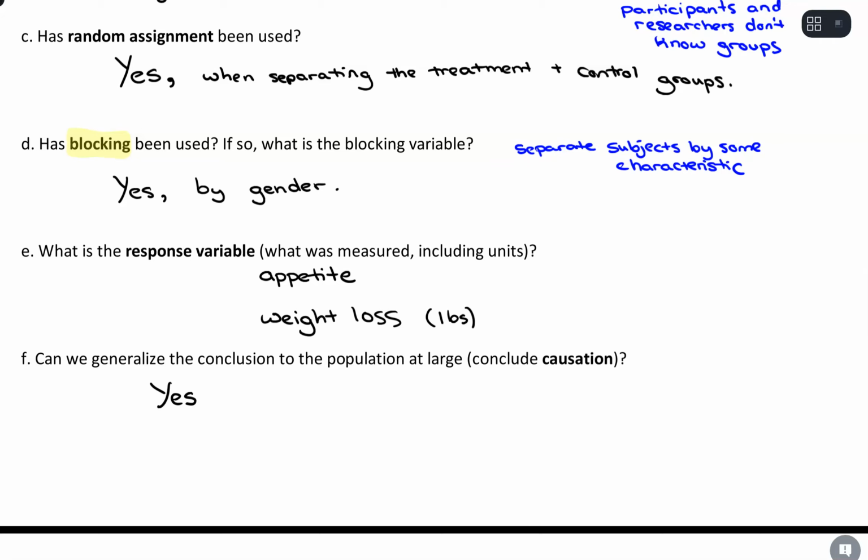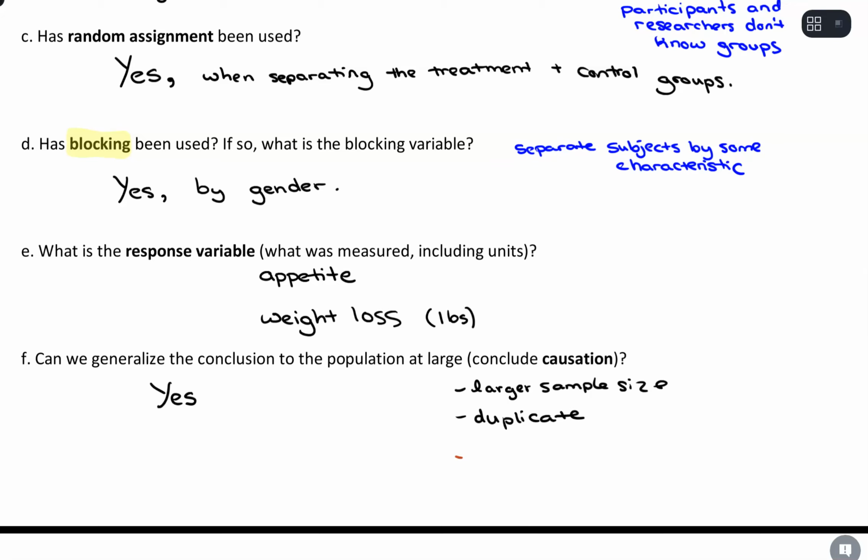There are things that could make this better. Larger sample sizes are always great. Something we might want to do is duplicate, meaning run the study again. Get another 38 men and women, run the study again, see if there's no significance there. If you can repeat this and see the same results, that really strengthens it.